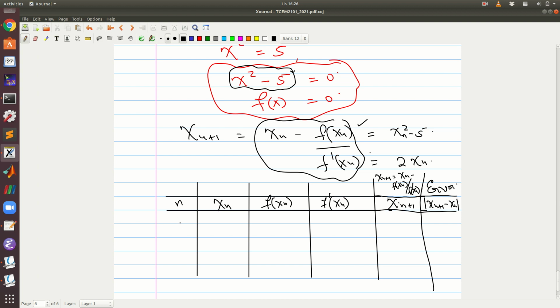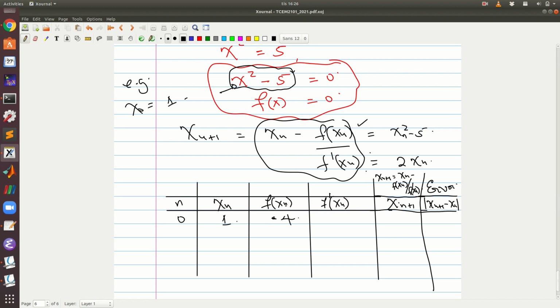So you just keep on filling in. When n is 0, the initial approximation, we can say let x naught equal maybe 1, then you find f of 1. f of 1 is going to be 1 minus 5, which is negative 4.